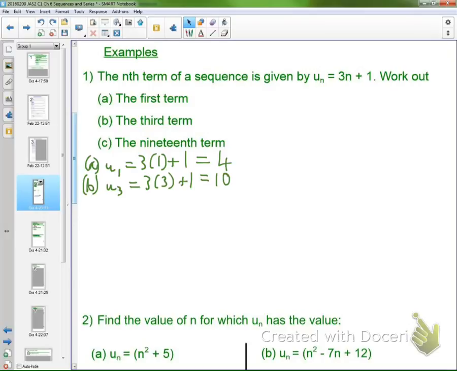And for the 19th term, we substitute n equals 19. So we'd have 3 times 19 plus 1, which is 57 plus 1, equal to 58. So this nth term is very useful to us because it allows us to jump to any term in the sequence.